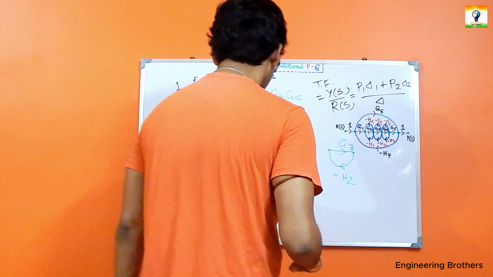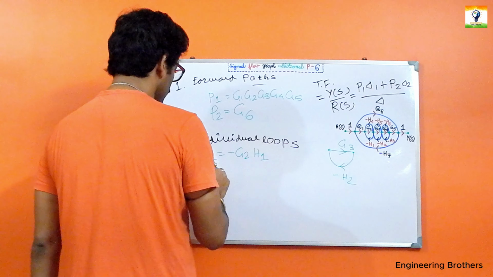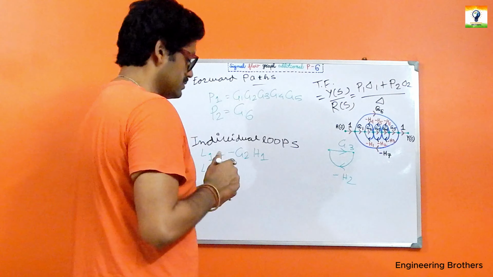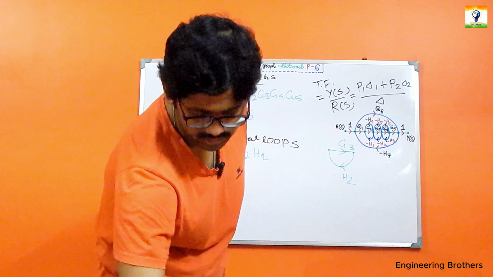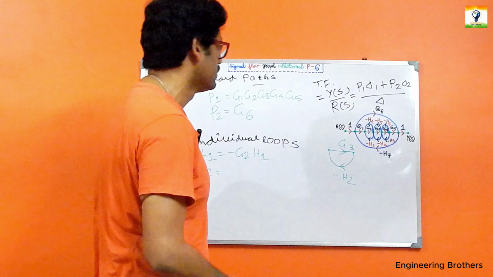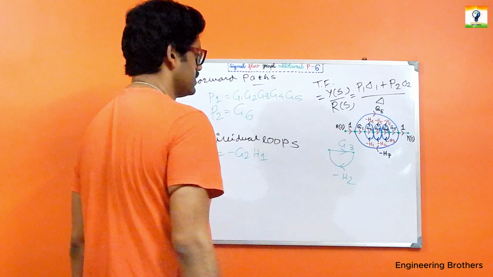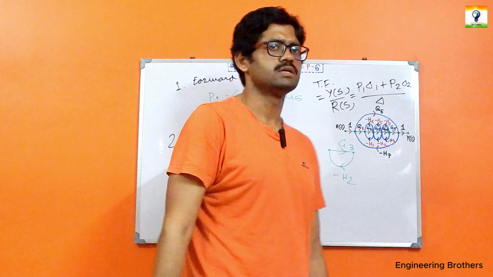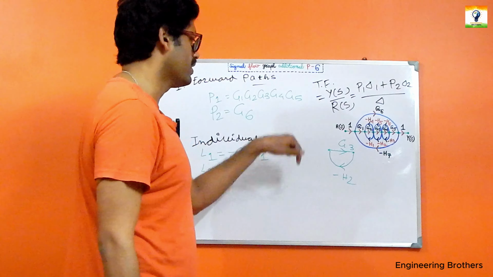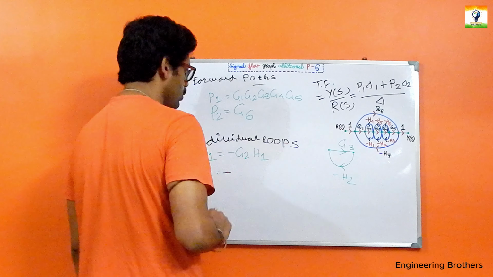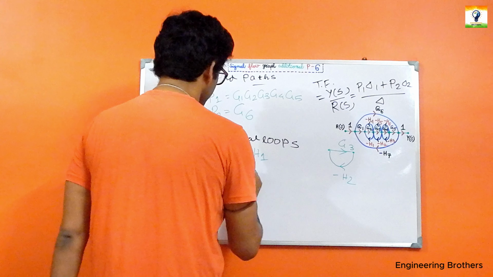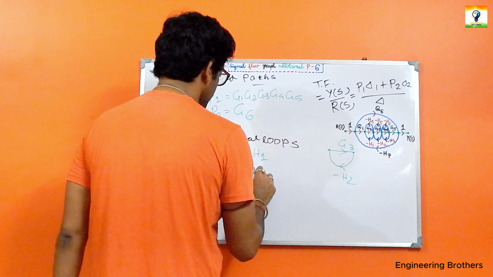We should say that this loop is our L2, and the gain for that loop will be minus of G3 H2. It is just a simple multiplication of these two gain paths, and the loop for that considered part will be minus of G3 H2.